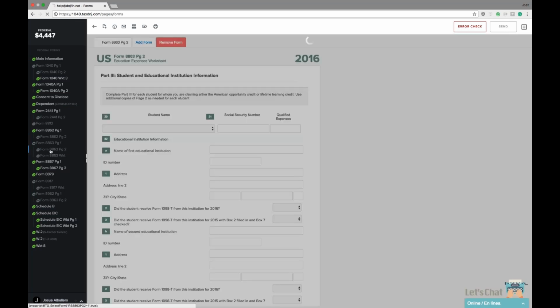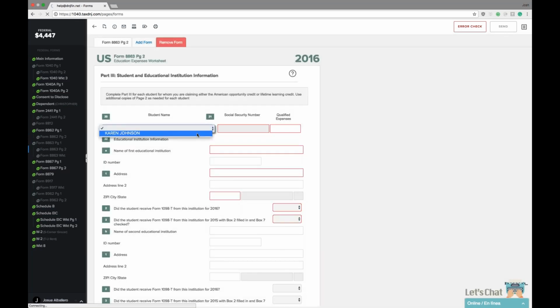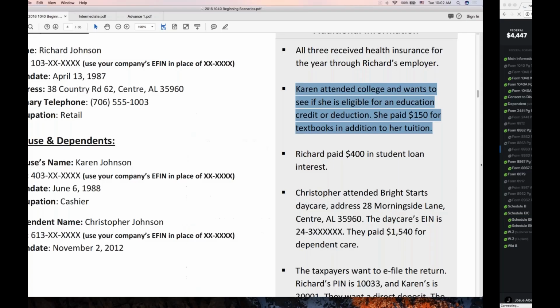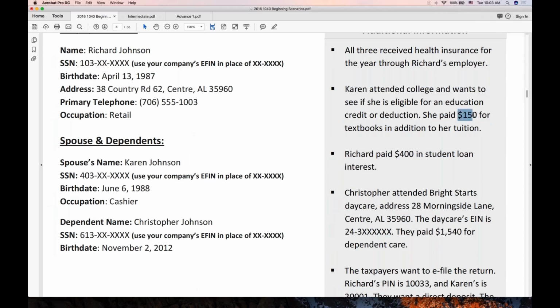Now let's go into the Form 8863, page 2, and let's go ahead and have Karen as the taxpayer. And let me show you this. She has $150 there as a textbook, and let's just assume, for the example, that she also has the receipts. All right, she gave me the receipts. I can see $150.